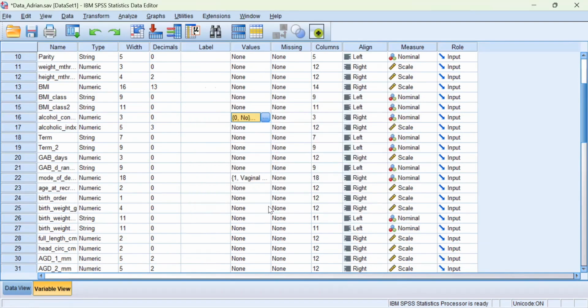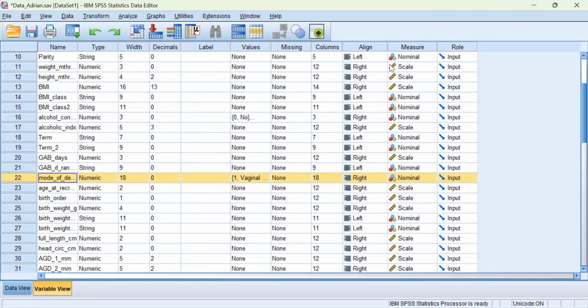It may just be a stupid objective, but let's use it to practice the chi-square test to find out if consuming alcohol during pregnancy can determine the mode by which the baby is born, maybe through normal delivery or CS. In this case, you have to know that the two variables are categorical. Since they're categorical, there is no need for testing for normality and all those things. You just go ahead and run your chi-square test.